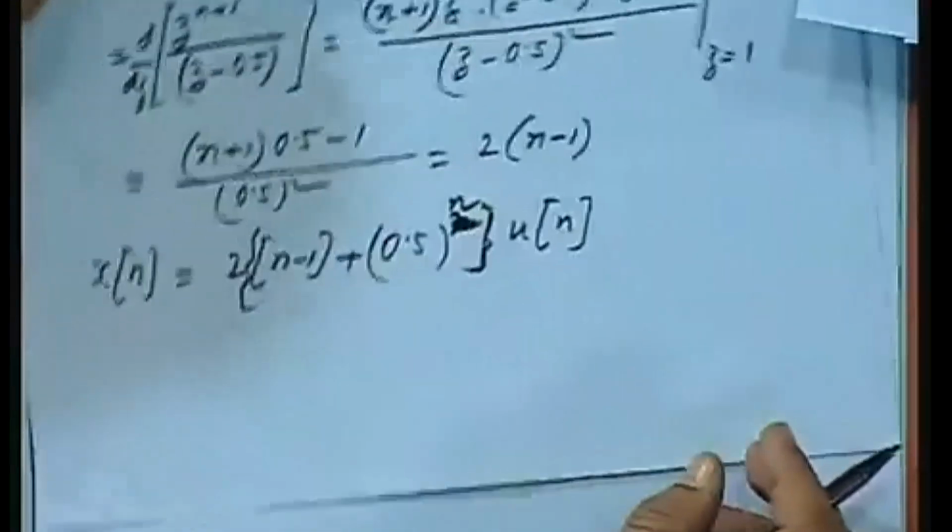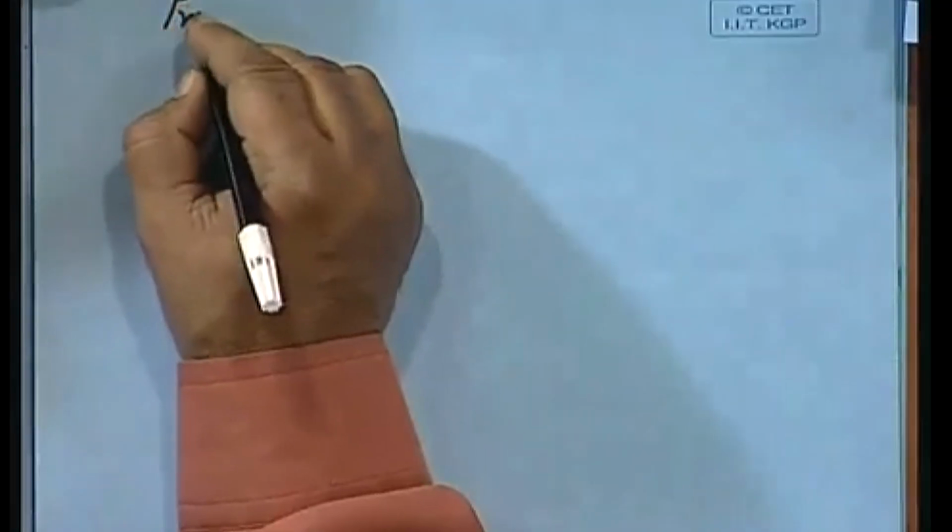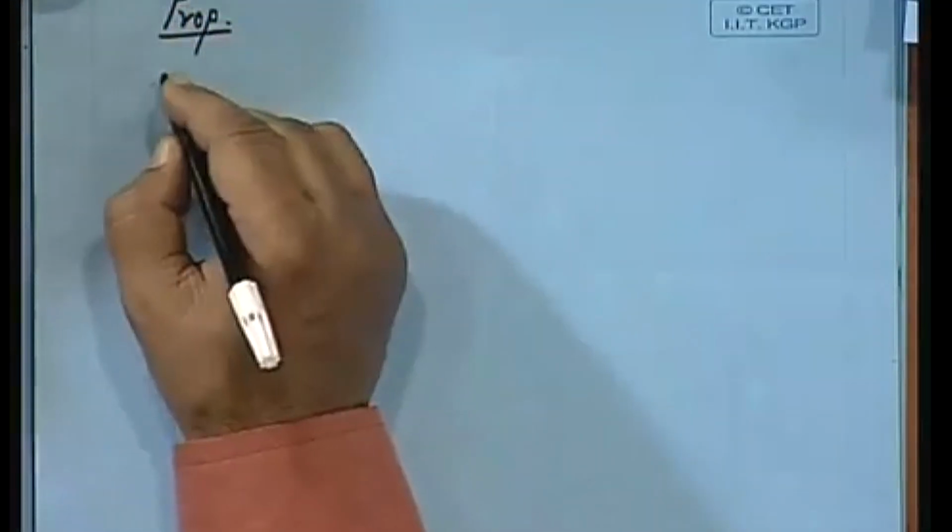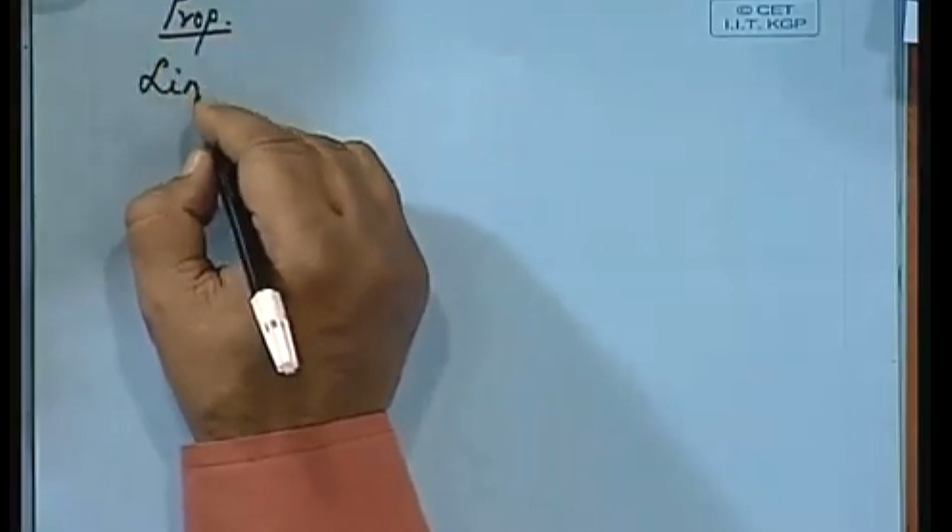Now, there are certain important properties of Z transform. Let me just list out some of them. We will take up 1 or 2 for proof. They are very helpful. One is linearity.